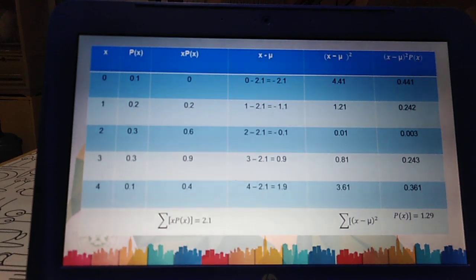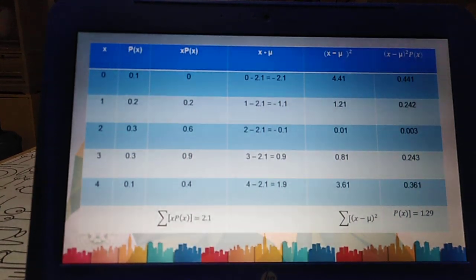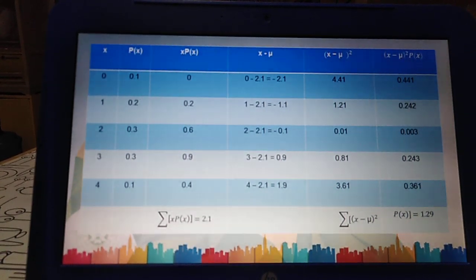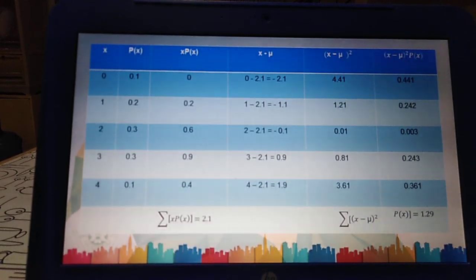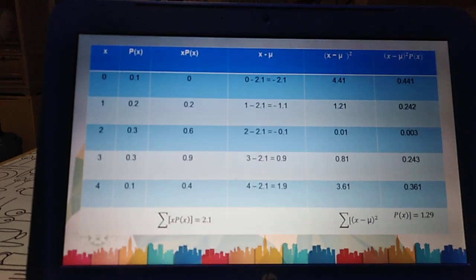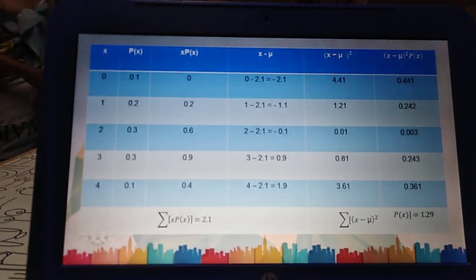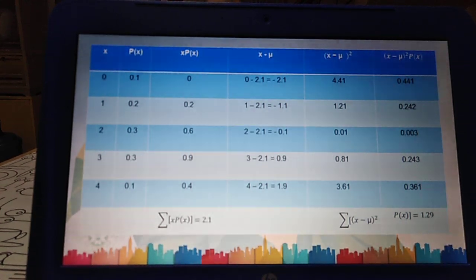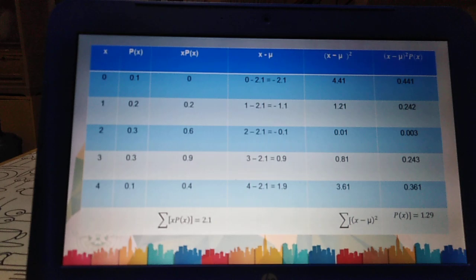The sum of the product of x and its probability P(x) is what we call the mean. We got 2.1 by adding 0, 0.2, 0.6, 0.9, and 0.4. 2.1 now represents our mean or our expected value.